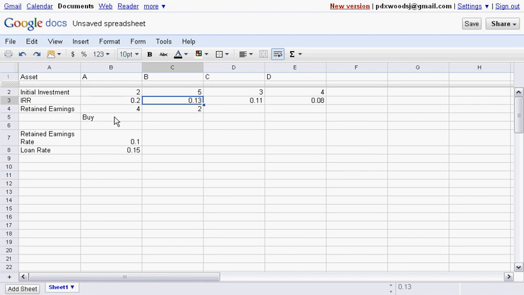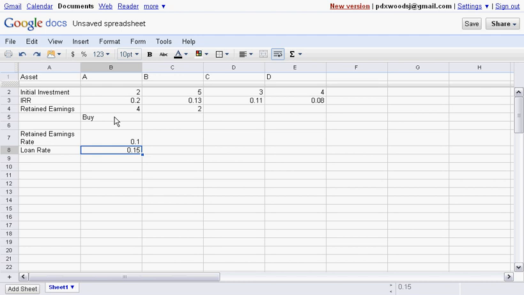And then we've got to figure out what we're going to do with the remaining $3 of asset B that's available to us. Well, for that remaining $3, that's got to come out of the loan. The internal rate of return on the asset remains 13%, but the loan rate is 15%. Now that means the incremental cost, 15%, is greater than the incremental benefits, 13%.